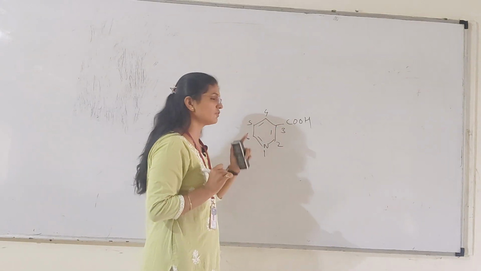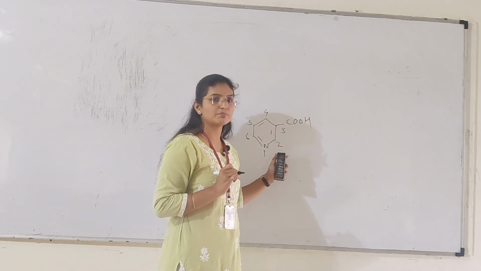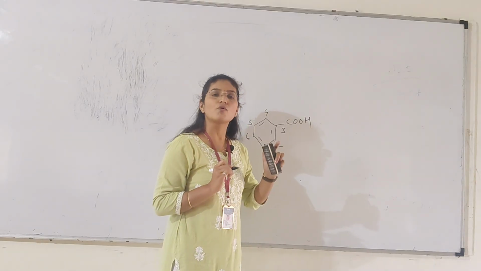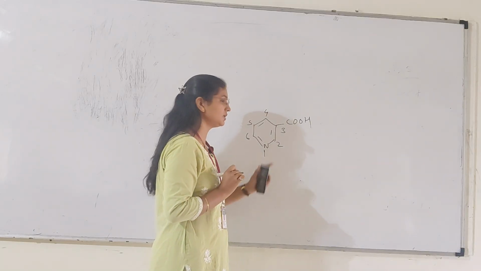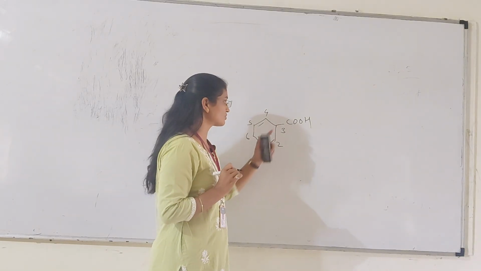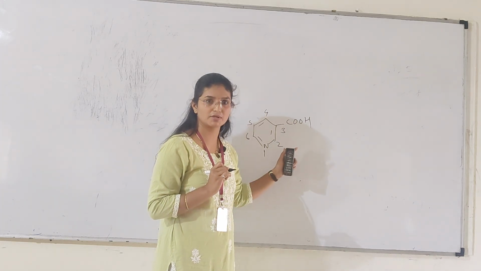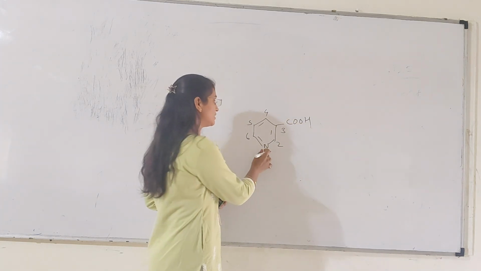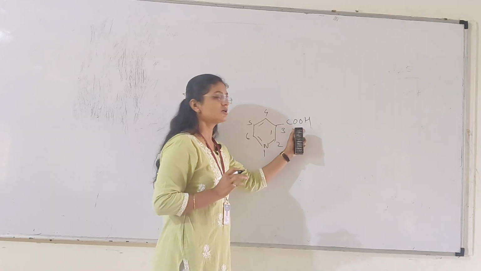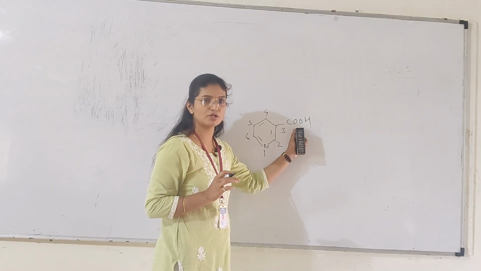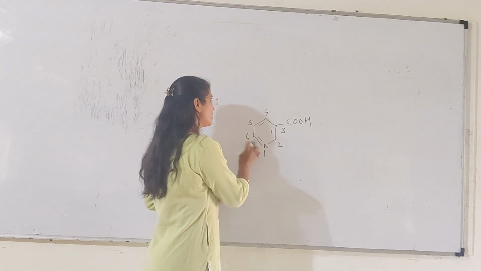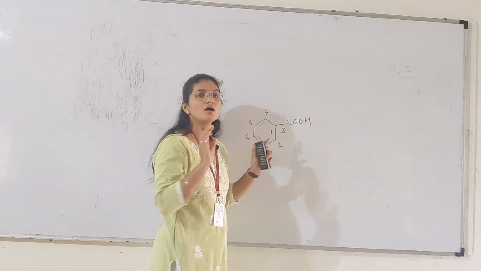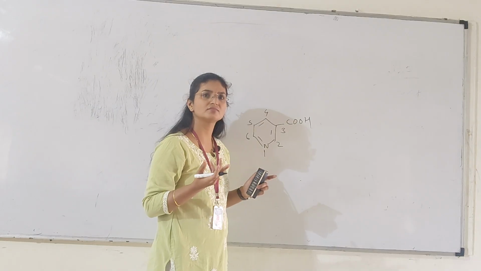This is the correct method for numbering this compound which contains one functional group, because number one is given to the heteroatom, but the substituent gets the least possible number. So number 3 goes to this functional group, that is the carbonyl group. If you give the numbering in the other manner, 1, 2, 3, 4, 5, this is the wrong method.